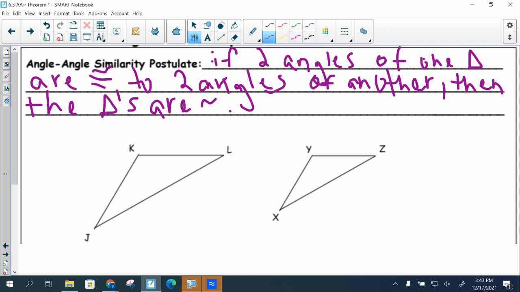So it's kind of a shortcut for proving that triangles are similar, just like our congruence theorem shortcuts.